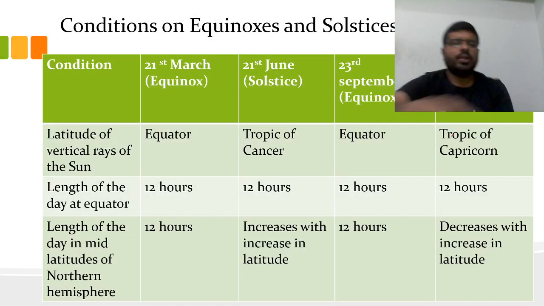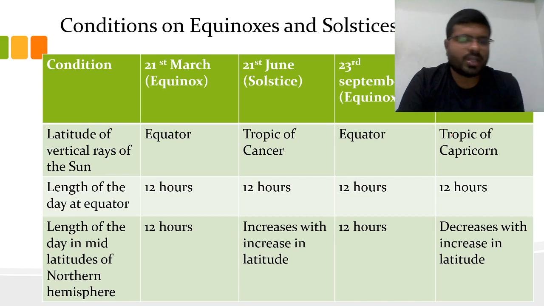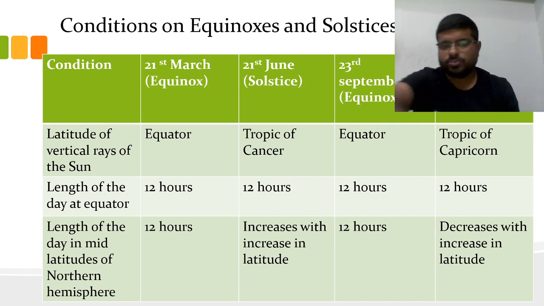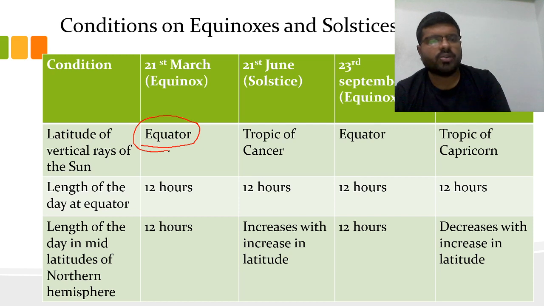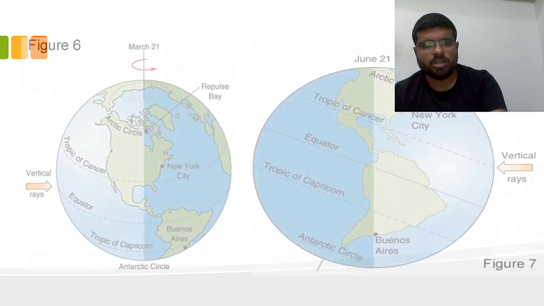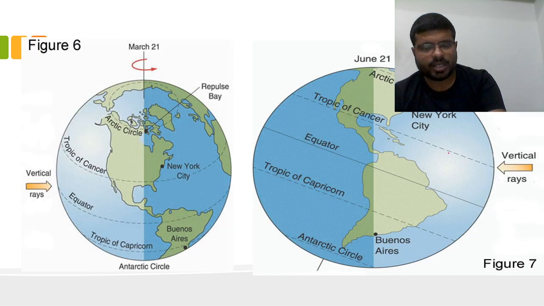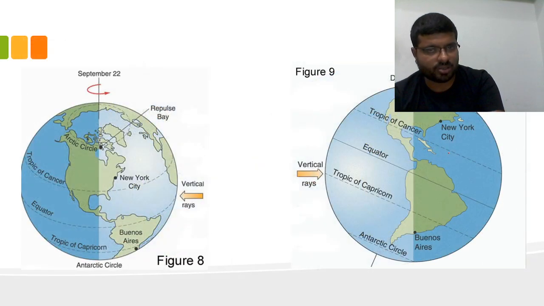As you can see, the first condition is the latitude of the vertical rays of the sun. On the March 21st equinox, it is at the equator. On the 21st June solstice, Tropic of Cancer. Then once again the equator, once again Tropic of Capricorn. That is what you have studied in these diagrams. Observe these four diagrams very closely.